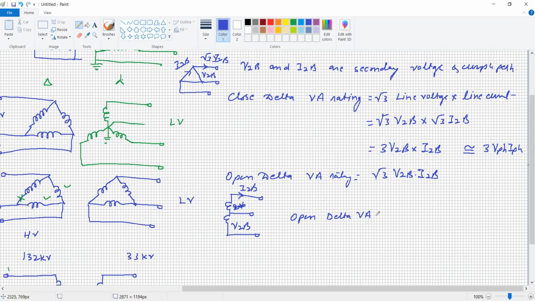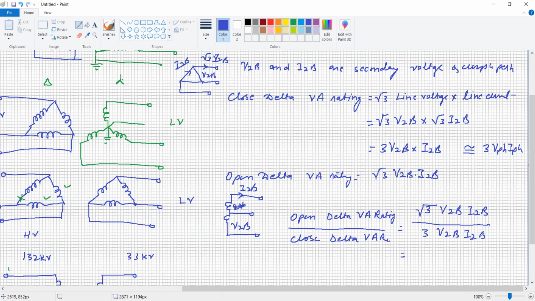So the ratio of the open delta VA rating divided by the closed delta VA rating is equal to root 3 V2B I2B divided by 3 V2B I2B.